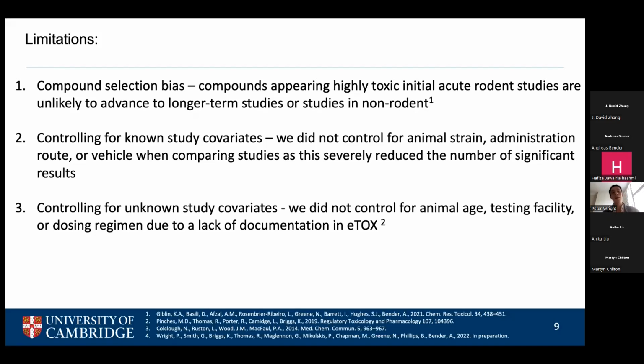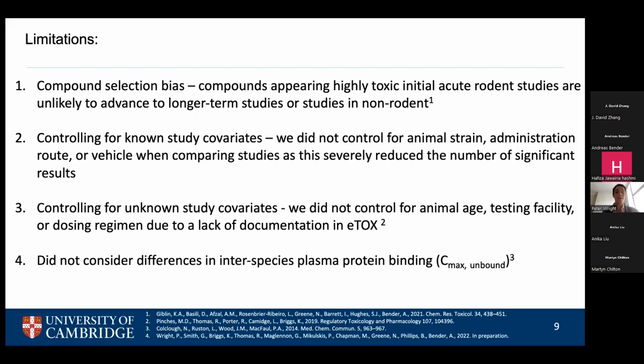We didn't control for some unknown study covariates, which were not documented in eTOX, such as animal age or dosing regimen, which could have influenced the results. And we didn't consider differences in interspecies plasma protein binding. So we controlled for exposure margins by controlling for the Cmax. However, the percentage of drug that's actually pharmacologically active will be those not bound to plasma proteins such as albumin.